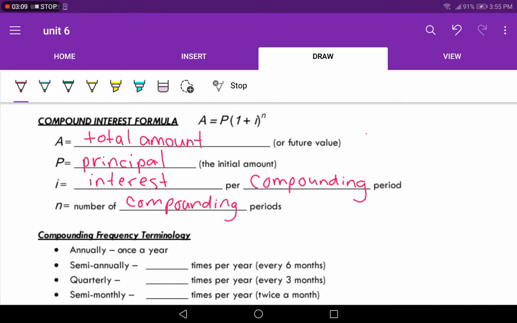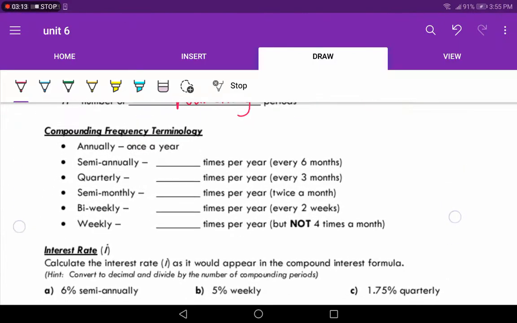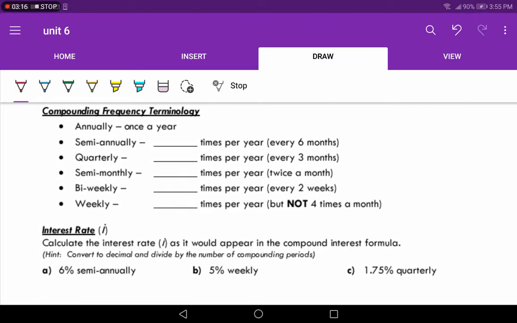So just looking at some terminology here first, which we saw a little bit in that first note. Compounding frequency terminology. So if something is compounded annually, remember I told you that annually just means per year. So that means you're being compounded just once a year. Semi-annually then, semi means 2.